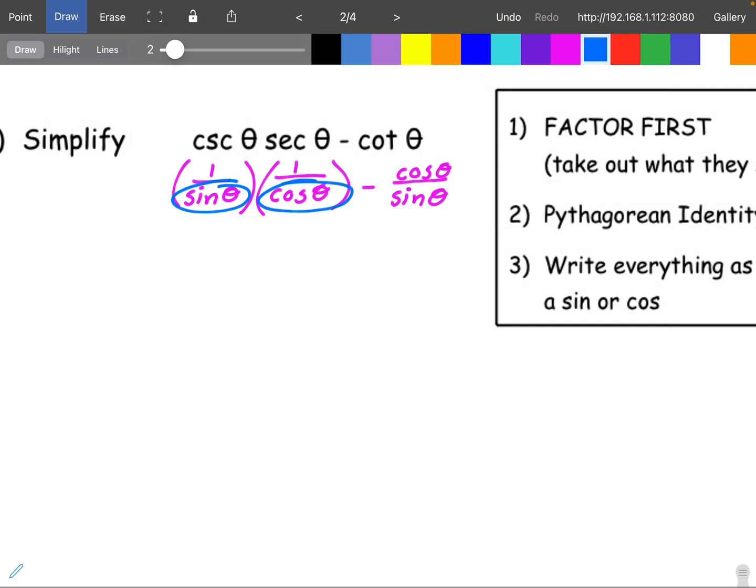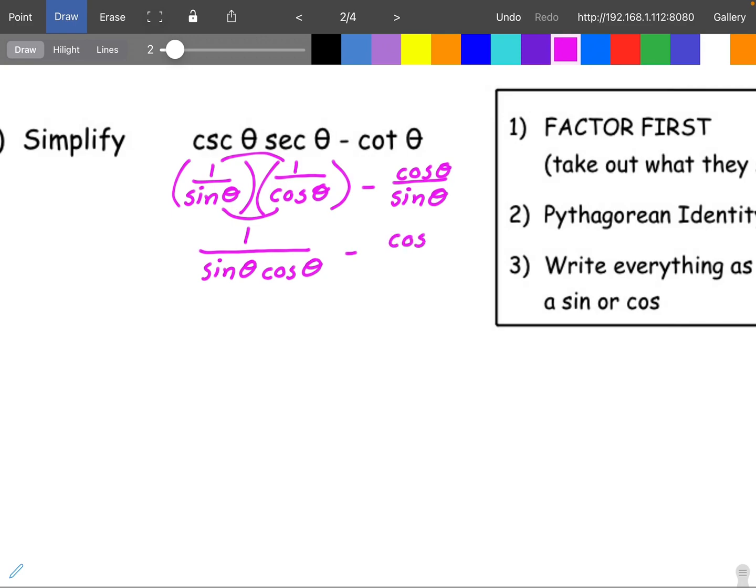Since those two fractions are multiplied together, they could easily be written as one single fraction. So I could write this as the numerators multiplied together, which is 1, over the denominators multiplied together, which gives me sine theta times cosine theta. And then we're subtracting cosine theta over sine theta.